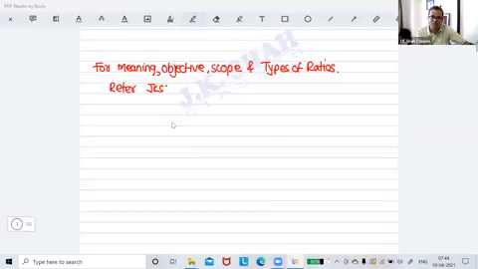Refer to JKC notes. Write like this. No harm in writing like this. So you should have a flow of the topic.